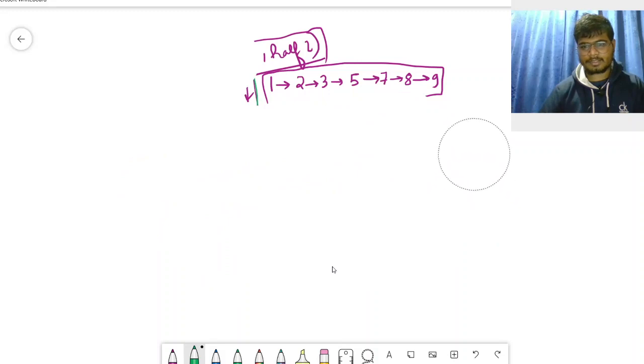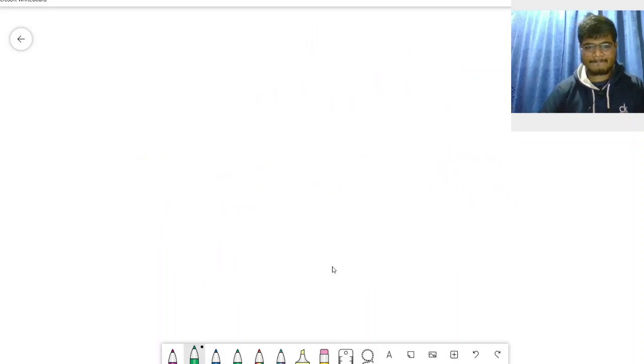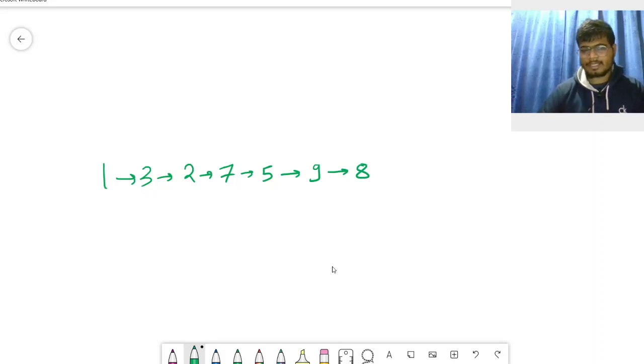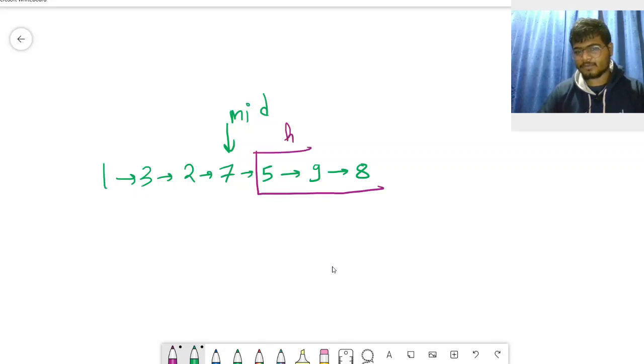Let's take a small example: 1, 3, 2, 7, 5, 9, 8. Any example. So now this will be the mid, right? What I did before making mid's next null, I stored mid's next inside half 2, and later this is going to be your half 1.